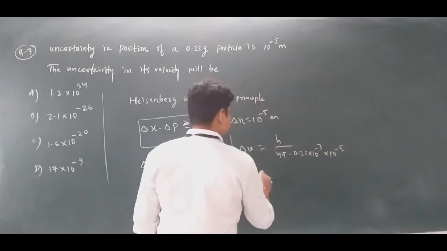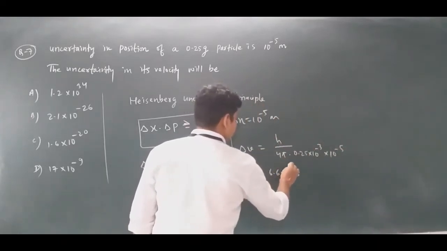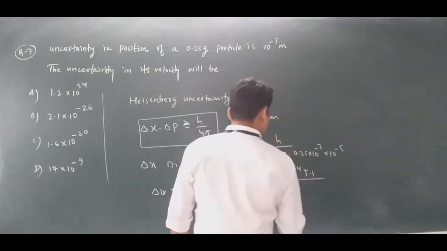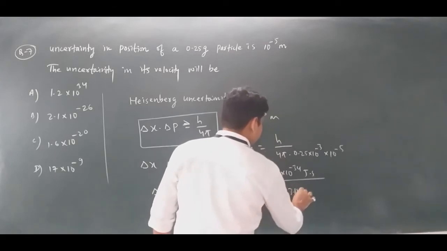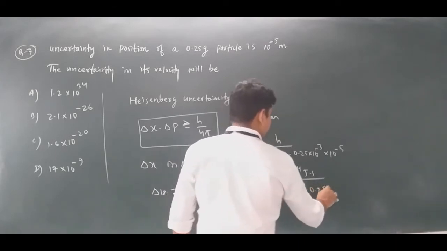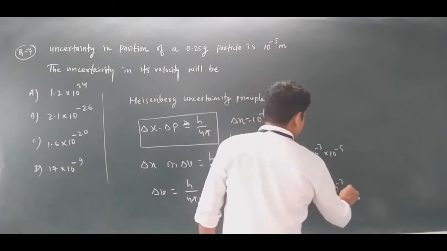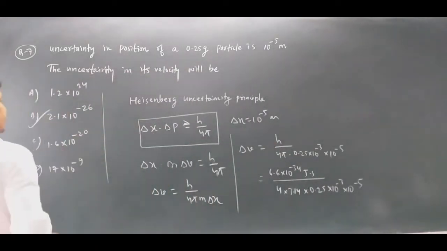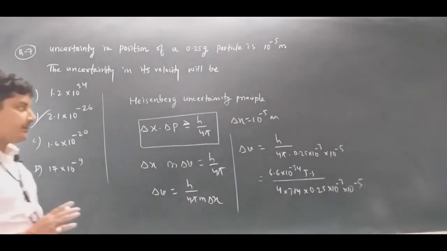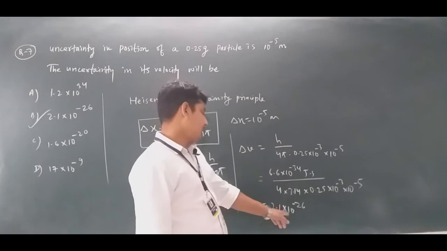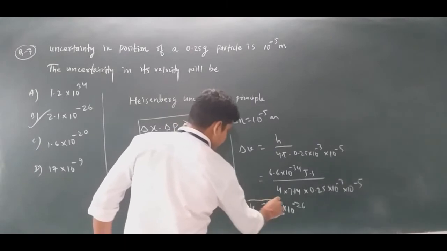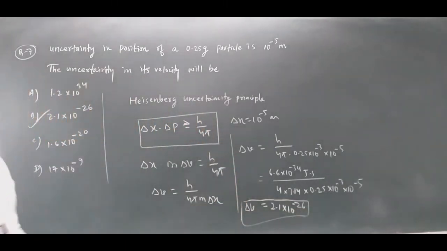Putting the values of these constants, 6.6 into 10 to the power minus 34 joule second divided by 4 into 3.14 into 0.25 into 10 to the power minus 3 into 10 to the power minus 5. Solving this, you will get 2.1 into 10 to the power minus 26. So the answer is 2.1 into 10 to the power minus 26. This is the uncertainty in the velocity of the particle. This was a very simple question.